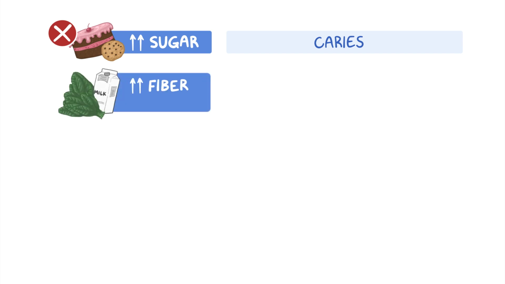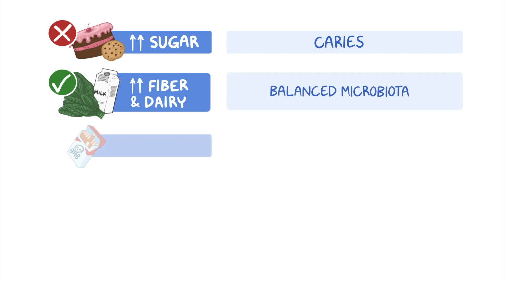So, a sugar-rich diet and frequent snacks can lead to dental caries, while a diet with increased fibrous foods and dairy products help maintain a healthy balance in the oral microbiota.